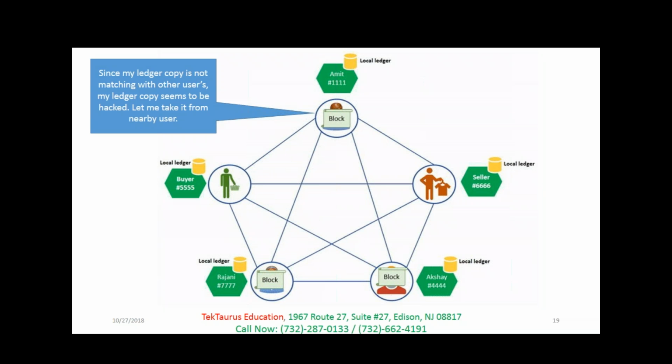Now the question arises, why will they put their computer to do these kinds of validations? What are they gaining out of it? If they are gaining something, then only they will do this, no? Like, they are purchasing a $1,000 computer and putting it on a network to do the validation. Why will they do this? They will do this because they will get money out of it.